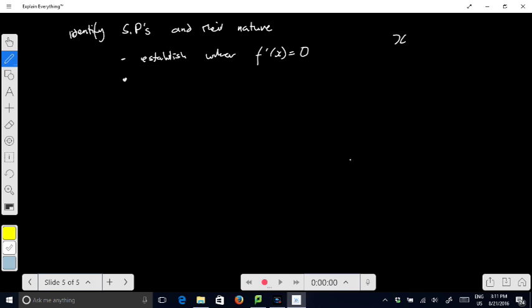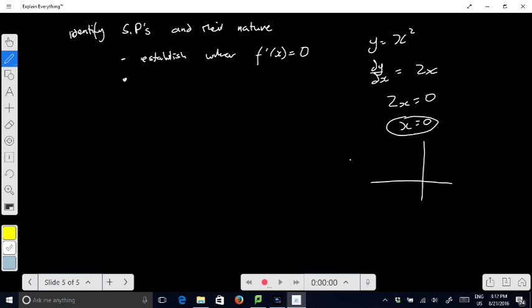If we had our original function y equals x squared, our derivative, dy/dx in this case, would be 2x, and we establish where it is 0, so I'd say 2x equals 0. Well, that happens at x equals 0.